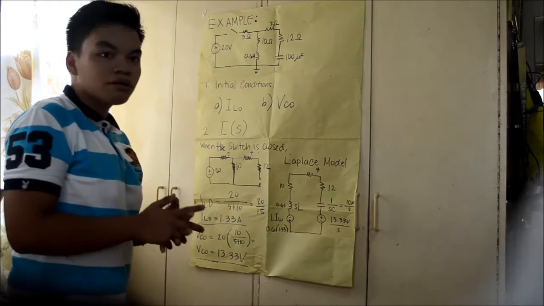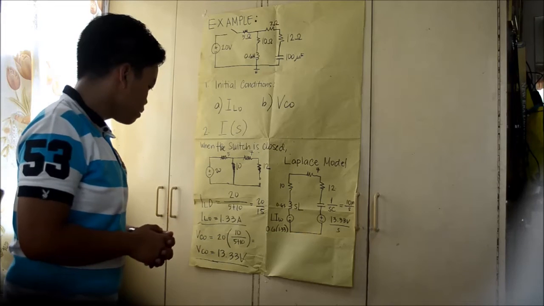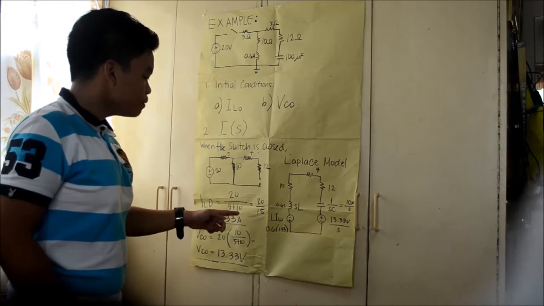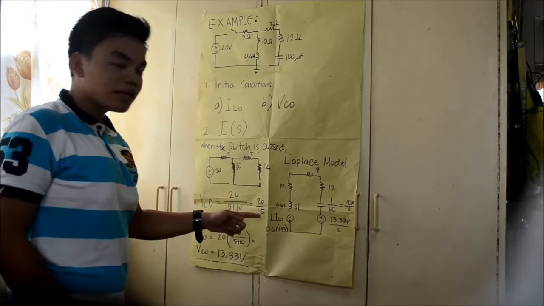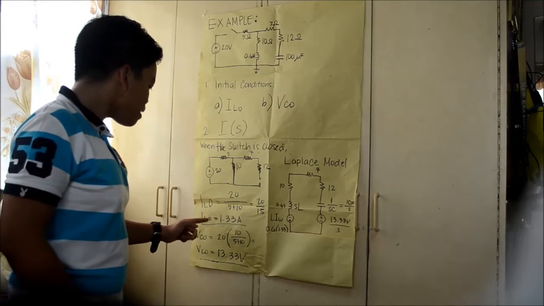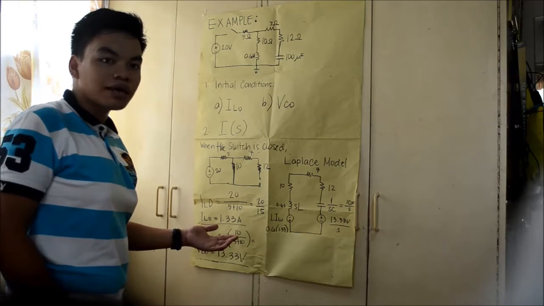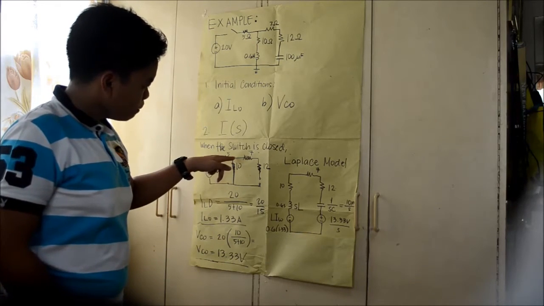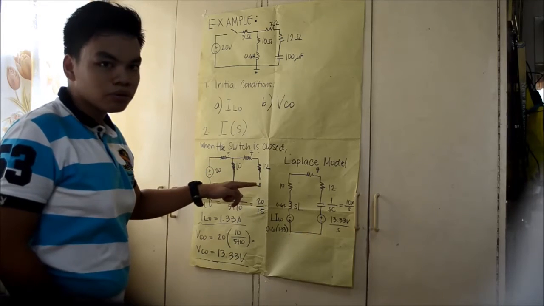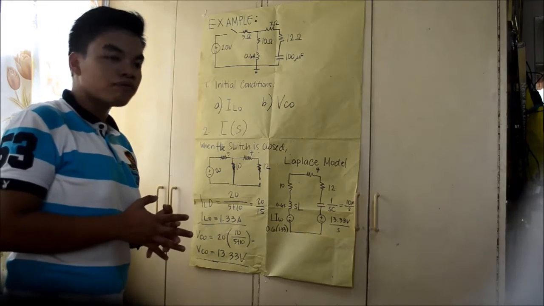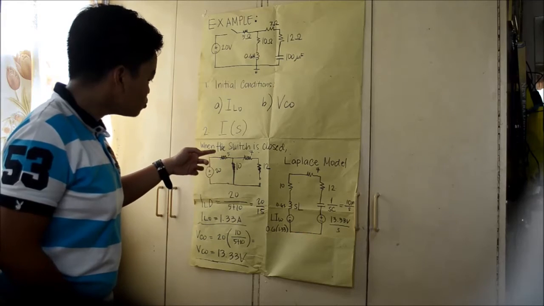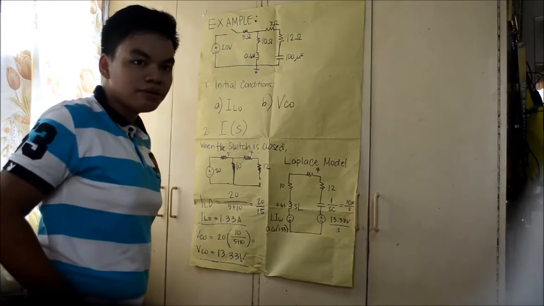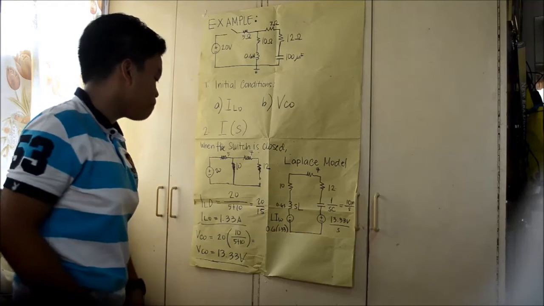Then we will be solving for i_L of 0, which is equal to 20 over 5 plus 10, or 20 over 15. i_L of 0 is equal to 1.33 amperes. The branch here will become open, so there is no current flowing. So we only use Ohm's law, 20 over 5 plus 10, which is equal to 1.33 amperes.